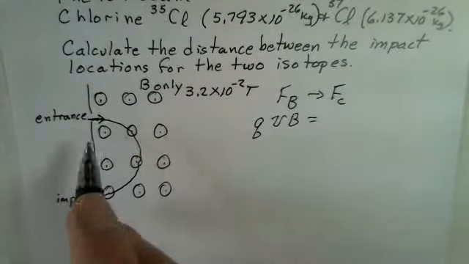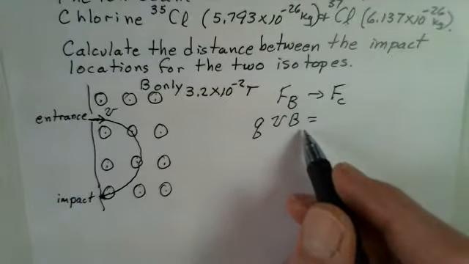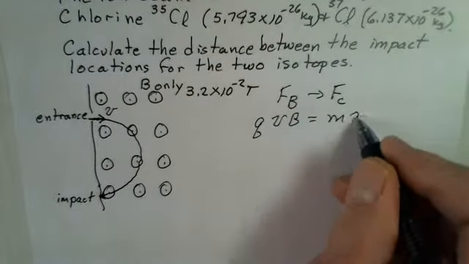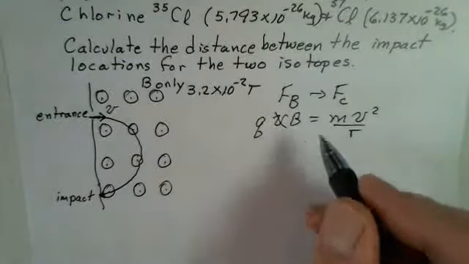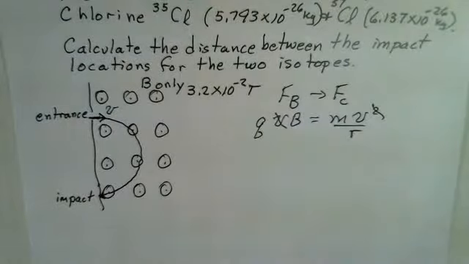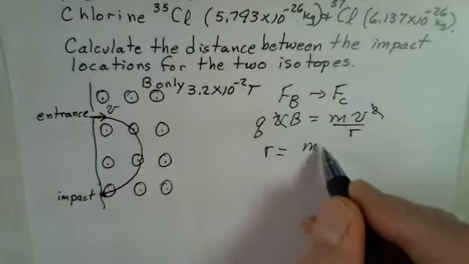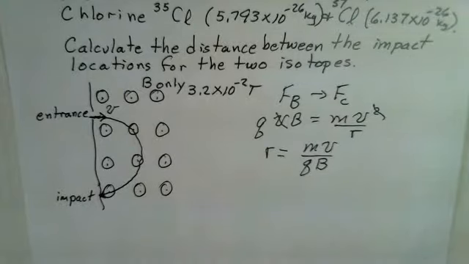Our velocity is perpendicular to the magnetic field, so the sine theta is sine of 90 degrees, and our centripetal force is mv squared over r. I can cancel one factor of the velocity on both sides, and if I solve this for r, we get mv over qB.